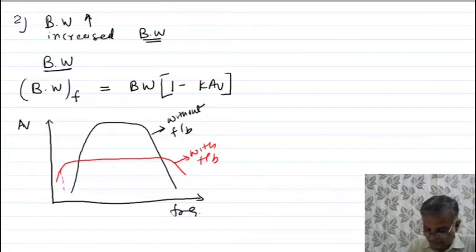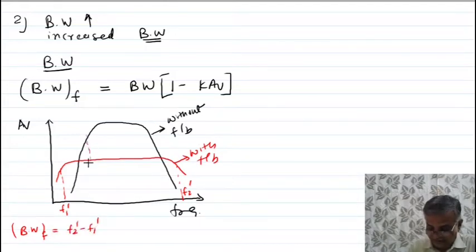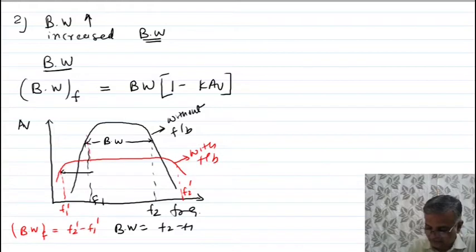If I say this is F1 dash and this is F2 dash, the bandwidth of the amplifier with feedback is written as F2 dash minus F1 dash. If I am writing here F1 and this F2, the bandwidth of the amplifier without feedback is F2 minus F1. This is BW, and this is your BWF.